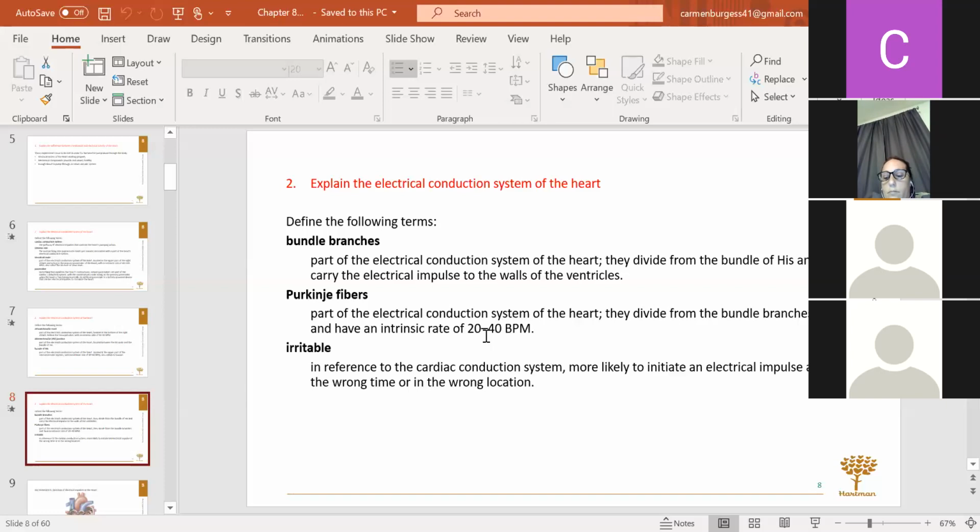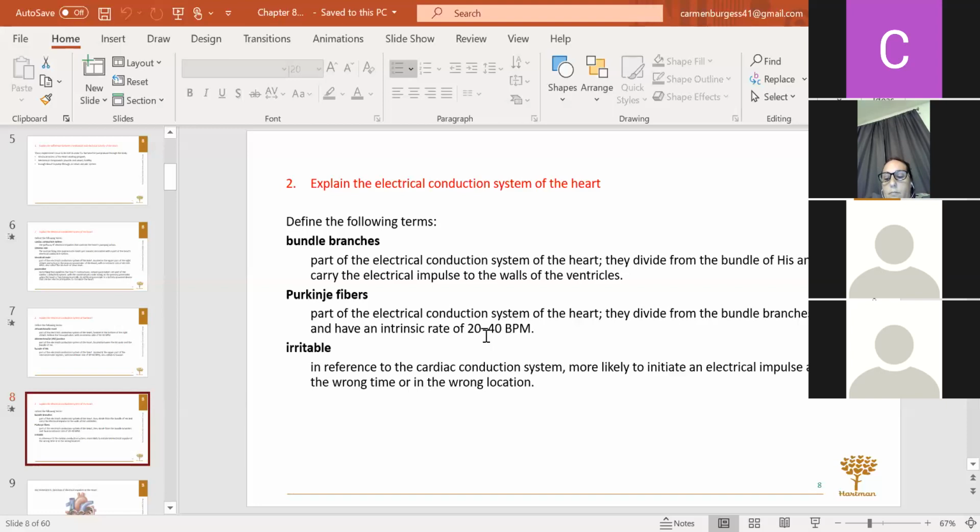When it says irritable in this system that we're talking about now, if you see the word irritable or it irritates this, what we're talking about is along that conduction system. If you irritate something, it will generate an electrical impulse, maybe at the wrong time or the wrong location. So when I have a messed up heart, if I'm in VTAC, my electrical conduction system is all over the place.